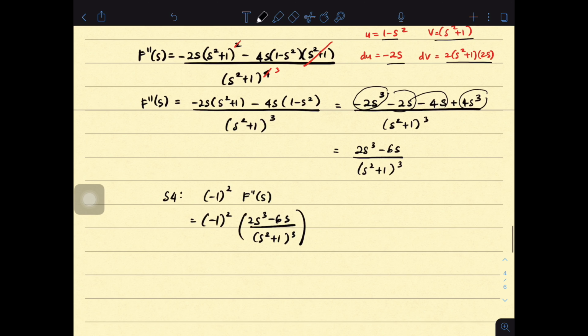Okay, negative 1 to the power of 2 is 1, so 1 times the whole thing is the whole thing. Let's simplify it to be (2s squared minus 6) over (s squared plus 1) to the power of 3. So this is the final solution.